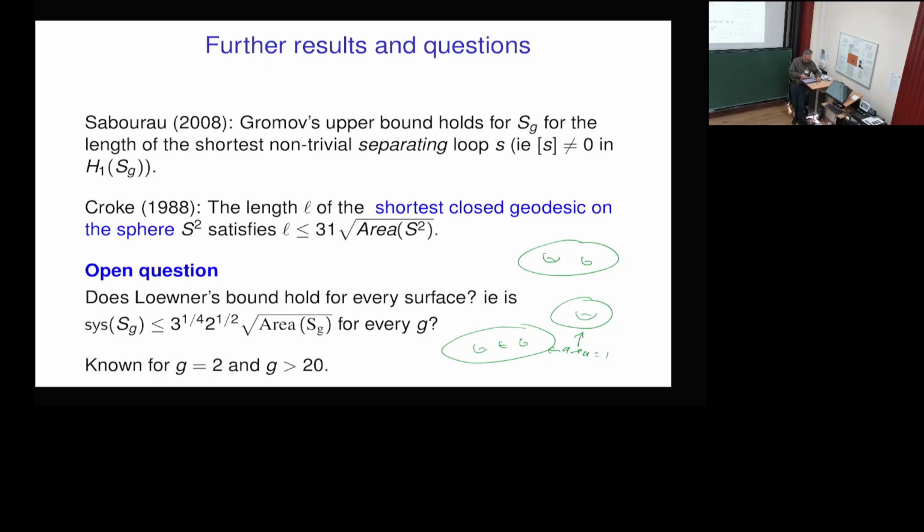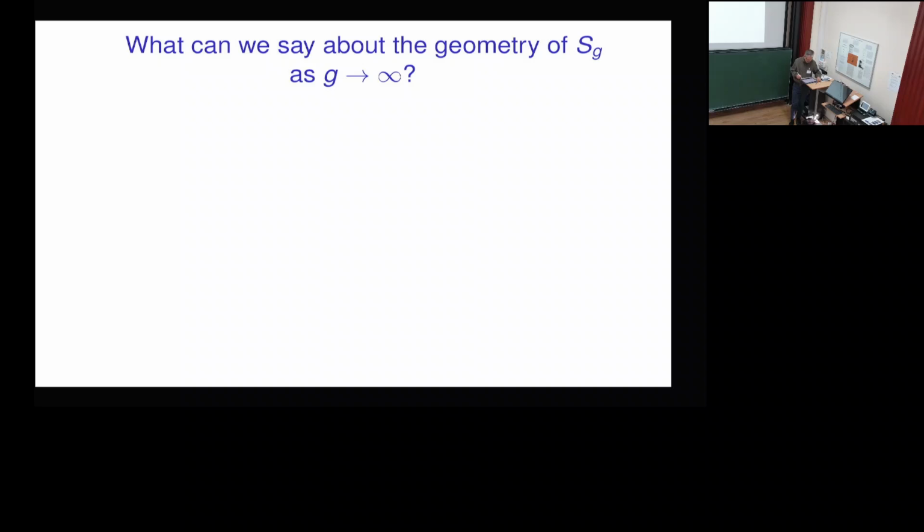In fact, asymptotically we know it, this is what we just proved, right? That the systole goes to 0 as we go to infinity, but it is only known for g greater than 20. So for genus 19, you have 19 holes and you don't know if the systole is smaller than in the case of the torus.